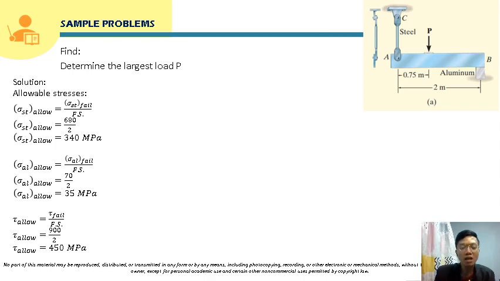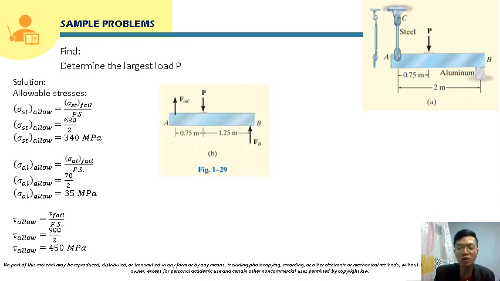Okay, so in order for us to solve for the value of P, we have to solve first the force system that will be generated in the figure. So we are going to draw the free body diagram of member AB. This is member AB, and this is supported by a steel rod here, pin here at A. So there will be a reaction at this support, and the reaction here will be this FAC.